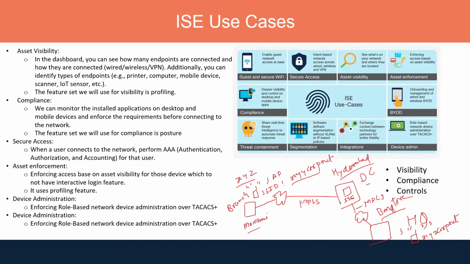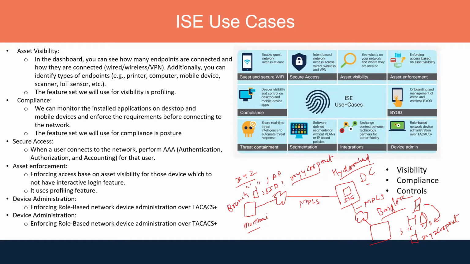So let's say this user is in the Bangalore branch, I mean Bangalore headquarter, and he's trying to access the resources. What he used to do is connect to the XYZ coordinate.